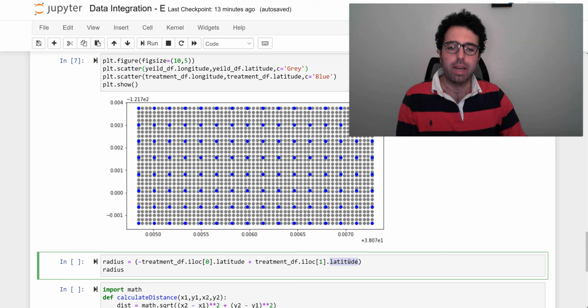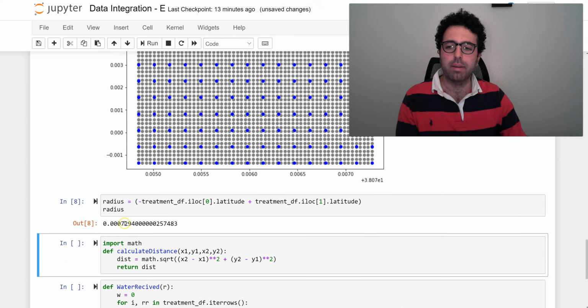I'm calculating the difference of the latitude, and I'm assuming that the radius of this water station is the distance between these two. So that's what I'm assuming. I run this, and this is the radius.